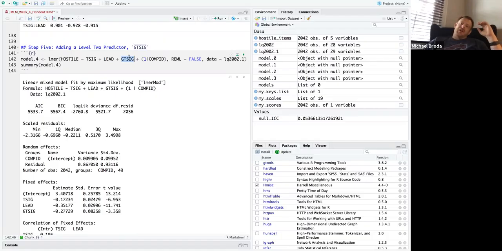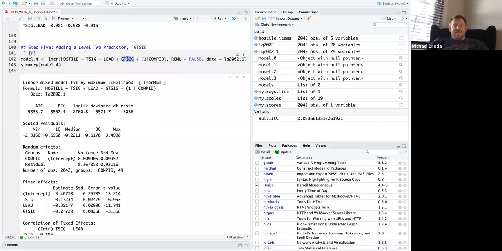So not only am I measuring how an individual feels about their task, I'm looking at overall how a group feels about its tasks as an overall mean. So I'm comparing the individual in the group in a really interesting way. And that variable is already calculated in this data set. It's called GT-sig. I'm going to show you in later weeks how to actually calculate that in R.